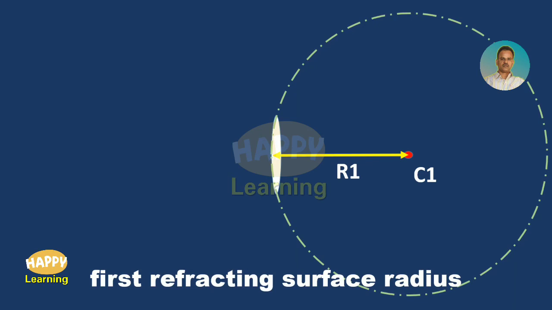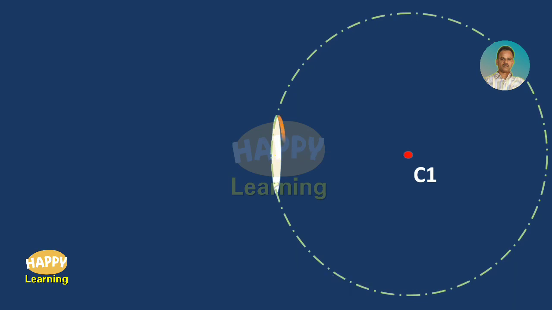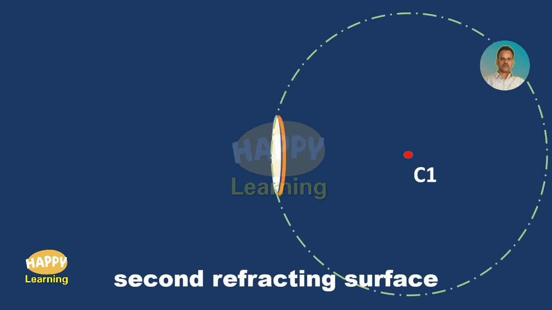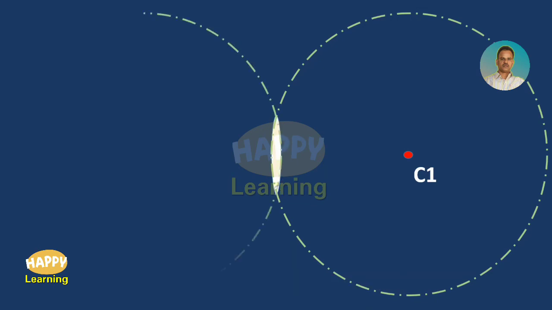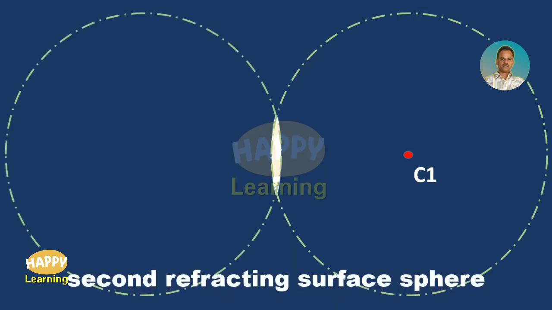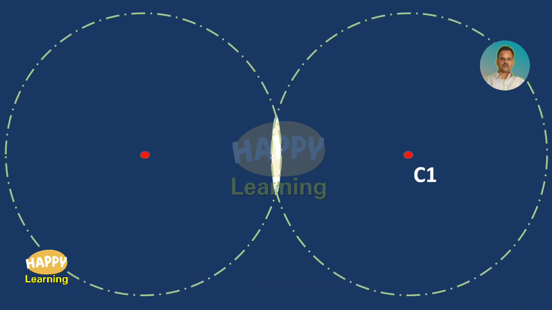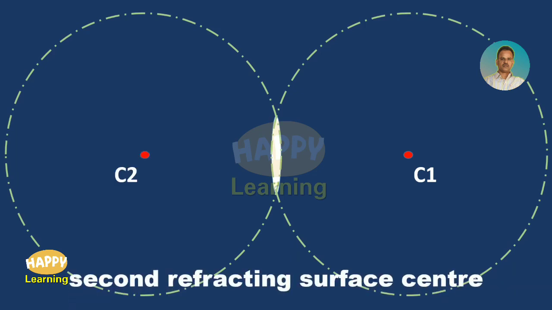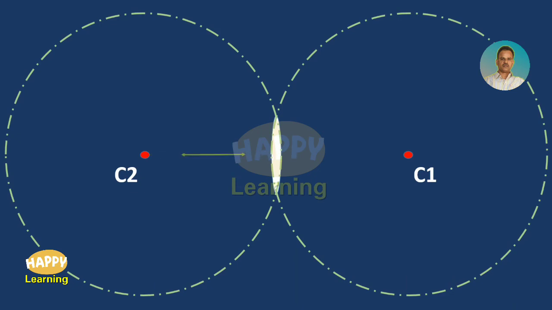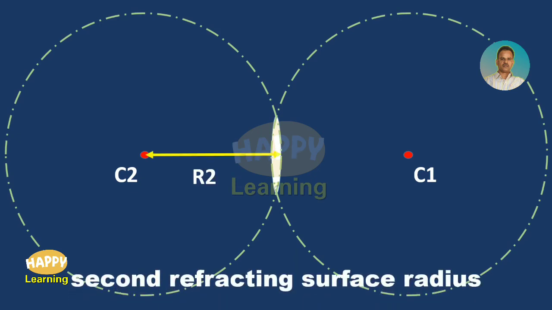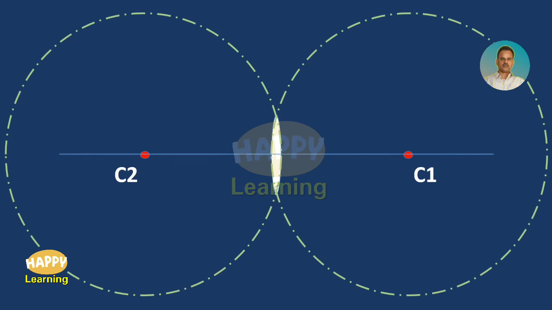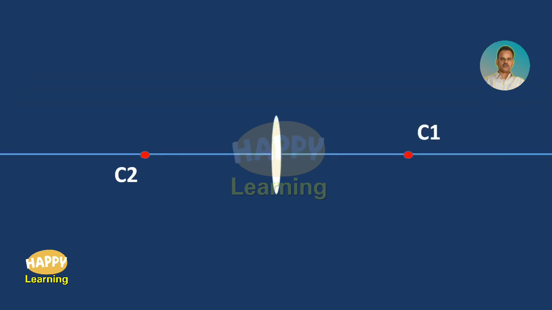Then this is the second refracting surface. If you extend this surface, you will get a sphere. This is the second refracting surface sphere center, and this is the second refracting surface radius. The line joining C1 and C2 is the principal axis. The center of this lens is the optic center, represented by letter P.